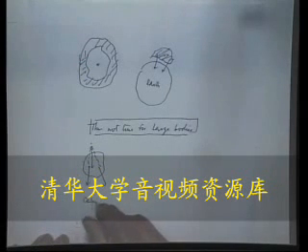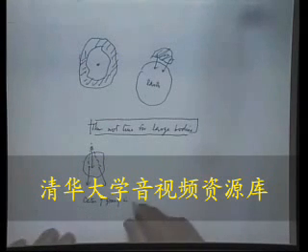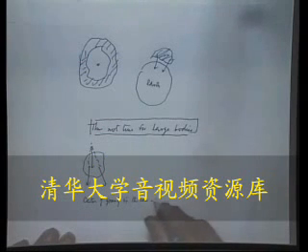Center of gravity is the center of mass if the body is small.